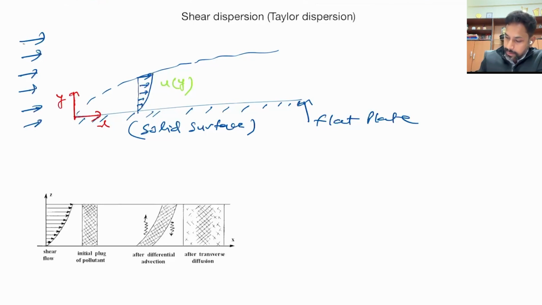So in this case, now if you have any contaminant, let's say you put your sugar cube somewhere here, okay, or instead of a sugar cube, let's consider that there are so many contaminants placed in the fluid. What will happen is it will not just mix due to molecular diffusion, but it will get affected by this velocity gradient in the flow.